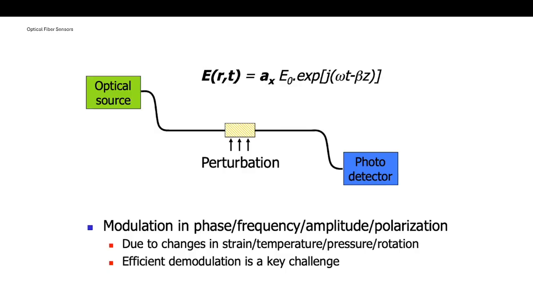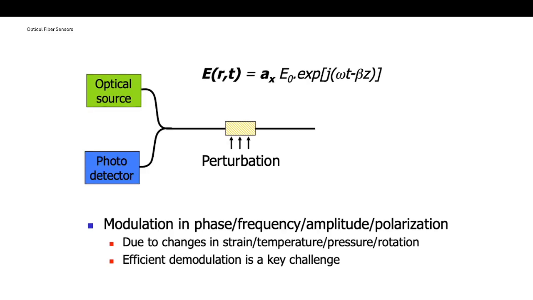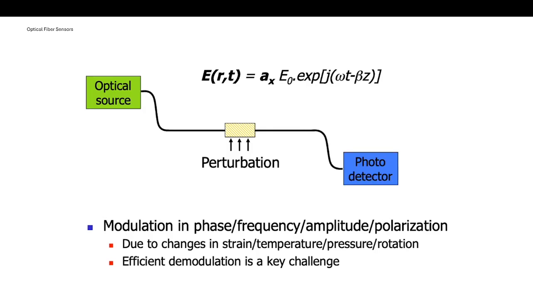As I discussed with you, there are different kinds of modulation: phase, frequency, amplitude, and polarization, and they can change due to strain, temperature, pressure, and rotation. Efficient demodulation is key, because if you place the perturbation between the source and detector, you can't get the minute changes during the perturbation.